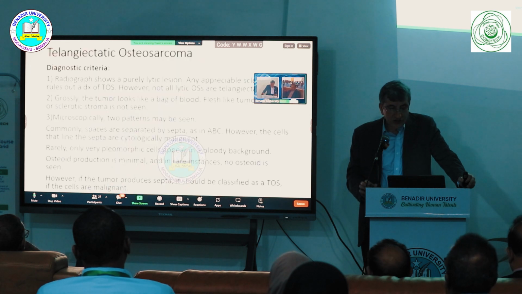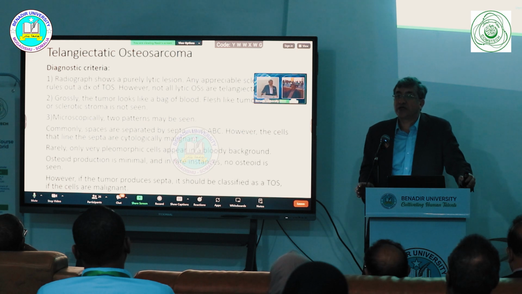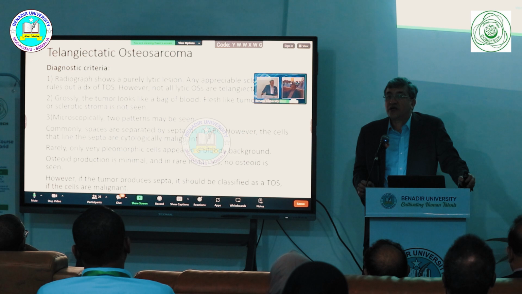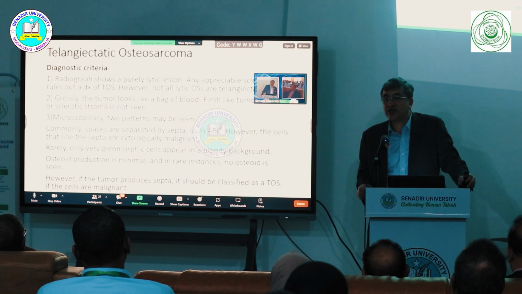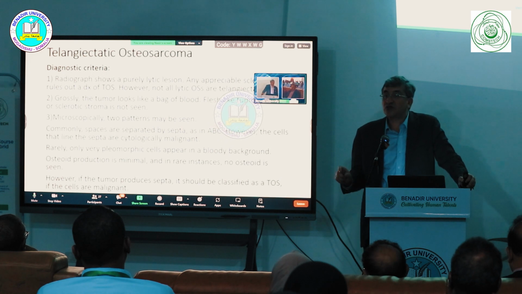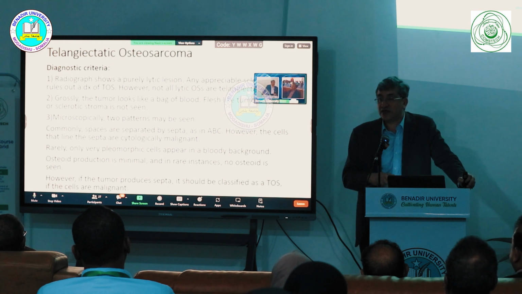So telangiectatic osteosarcoma: the concept of most pathologists is that for osteosarcoma, you have to find osteoid histologically, but it is not seen in every biopsy sample. And one example is telangiectatic osteosarcoma. In telangiectatic osteosarcoma, you may not see the osteoid matrix, like in this case I showed you.